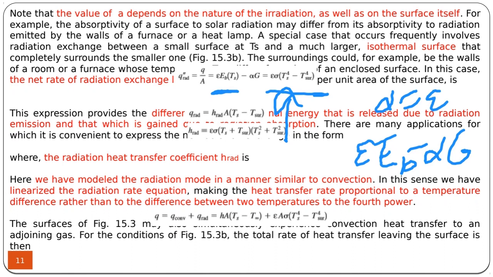You can say that 400 watts is from convection, and the other 400 watts is from radiation. So most of the time you have a situation where the total amount of energy leaving the surface is partly because of convection and radiation.